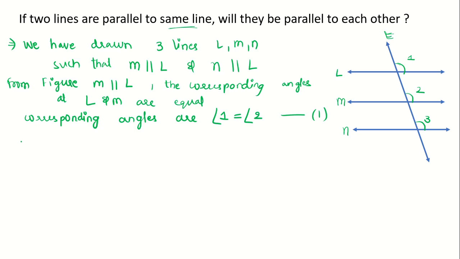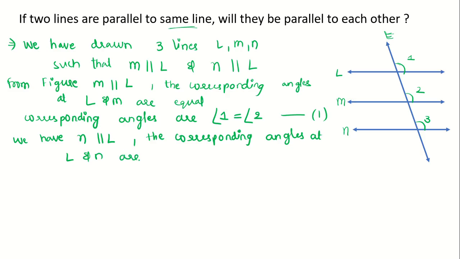Now, we also have line N parallel to line L, and the corresponding angles at L and N are equal. First, we have shown that lines M and L are parallel and the corresponding angles, angle 1 and angle 2, are equal.